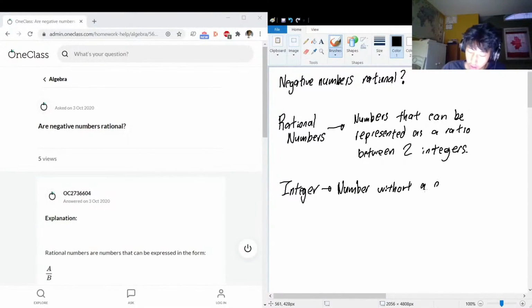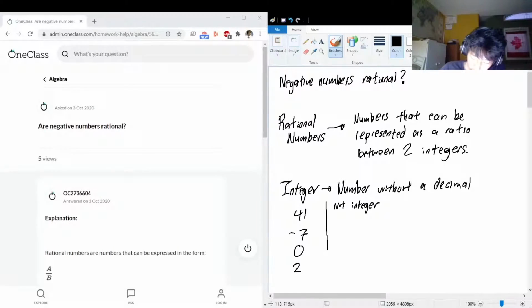Some examples of integers versus not integers. Maybe some integers that you're familiar with: 41, -7, 0, 23. Those are all integers.